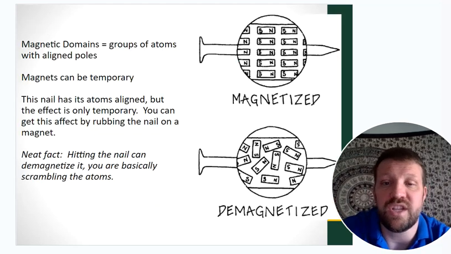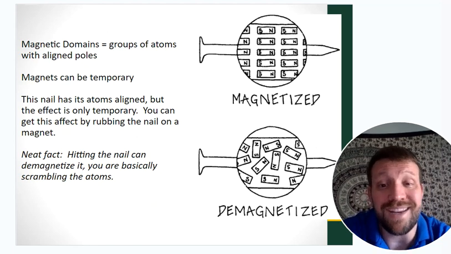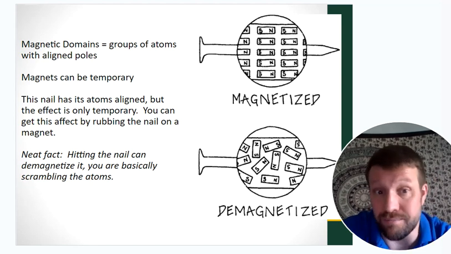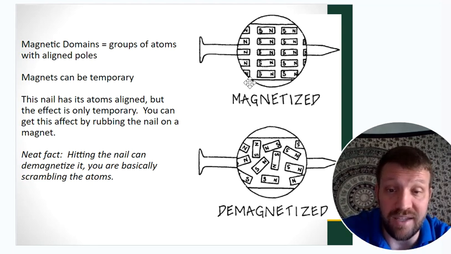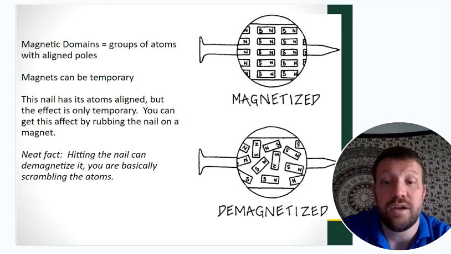Now, something that's really interesting is that within these ferromagnetic materials, the magnetic domains can actually become unaligned. If you were to literally smack a hammer onto a magnetized nail like this, you can get rid of that alignment.